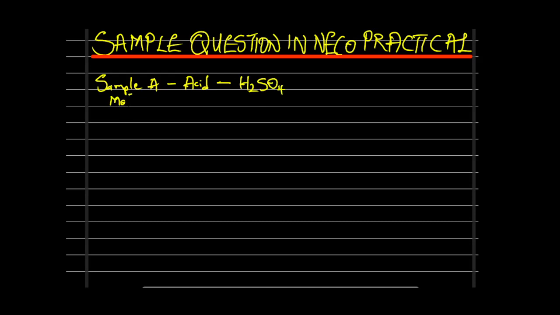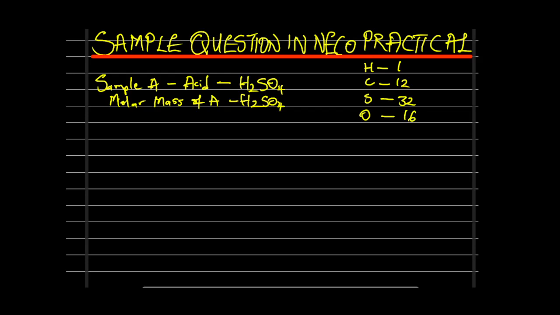If we are asked to calculate the molar mass of A, which is the H2SO4, we have H to be 1, C is 12, S is 32, O is 16.